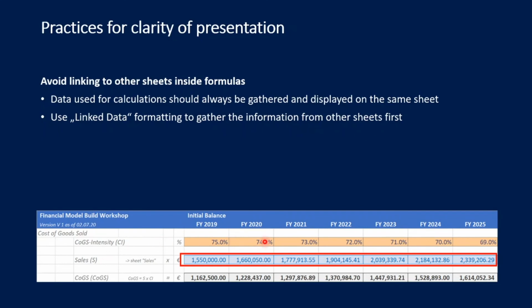It is simply hard-coded or inputted here, and the sales come from somewhere else, from a different sheet, so from the sheet sales. And it is copied here as linked data. But here in the final result, where the calculation is made, it is just 75% times the sales. Here is no linkage to the other sheet because it is made here.